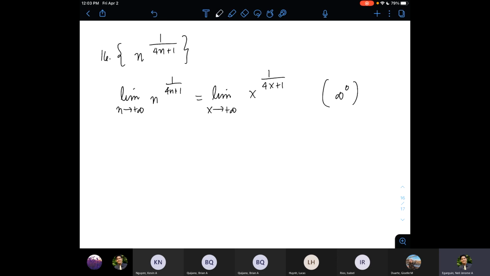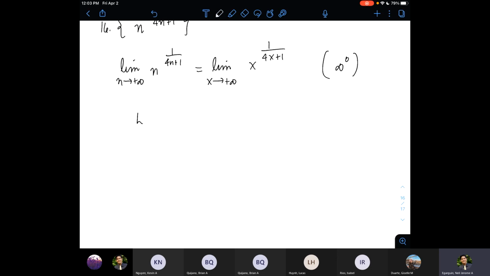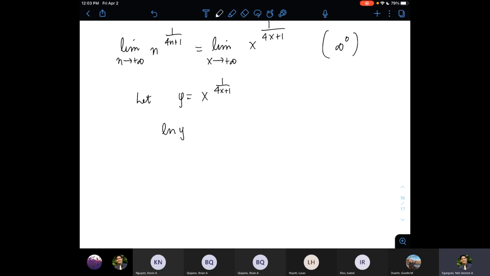And remember how we dealt with indeterminate forms with an exponent before? We let the function be y and take the natural log of both sides, right? Why do we take the natural log?